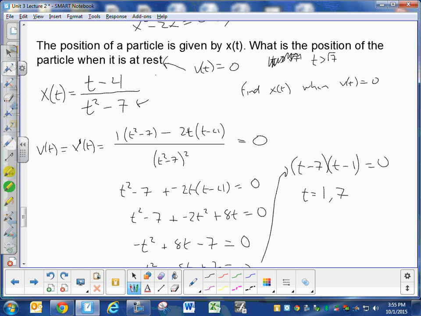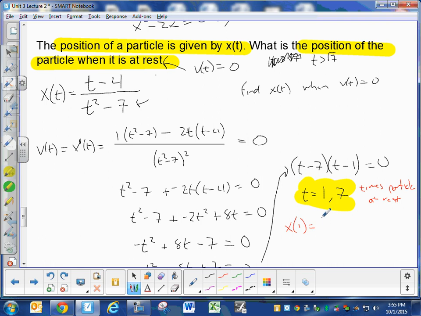The question is, what is the position? Not the velocity, of course, the velocity is 0. What is the position when the particle is at rest? These are the times when the particle is at rest. We will need to find my position at those times. I plug in 1: 1 minus 4 over 1 minus 7.